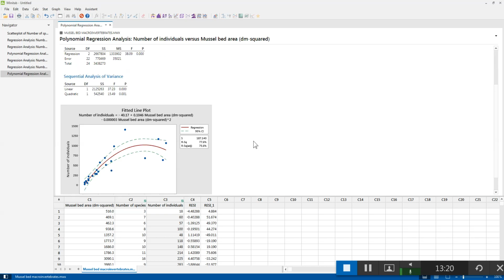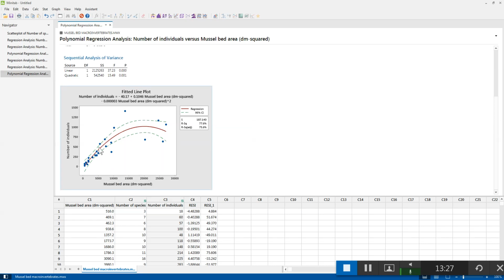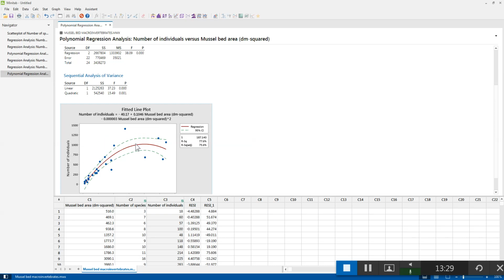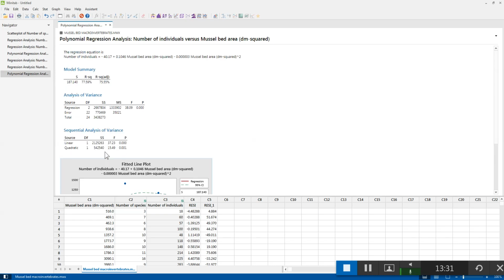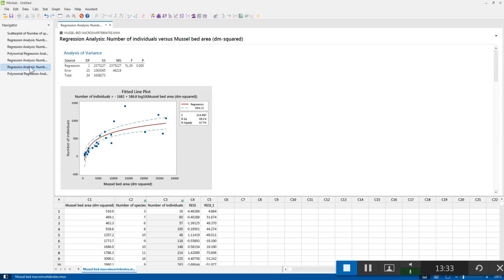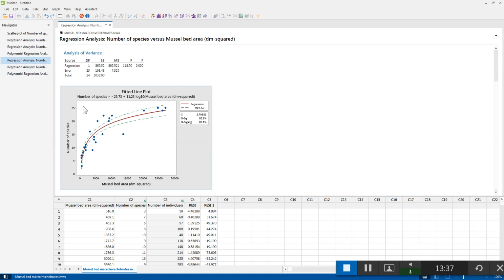We can see we've actually got a better fit for number of individuals with the quadratic term in, but for the number of species we had a better fit by taking the log 10 of x and keeping it as a linear regression.